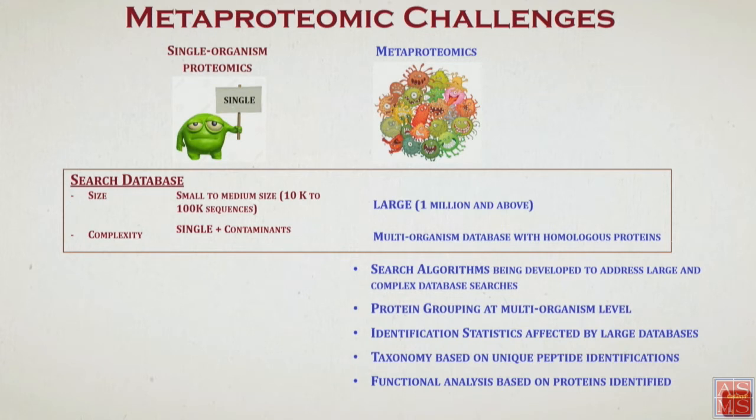One of them is that search algorithms need to be developed so as to accommodate ability to search large databases. Protein grouping becomes a challenge, not only within the single organism, but also across multiple organisms. Identification statistics take a hit because of its effect on false discovery rate analysis. Generally, your sensitivity of identifications goes down.